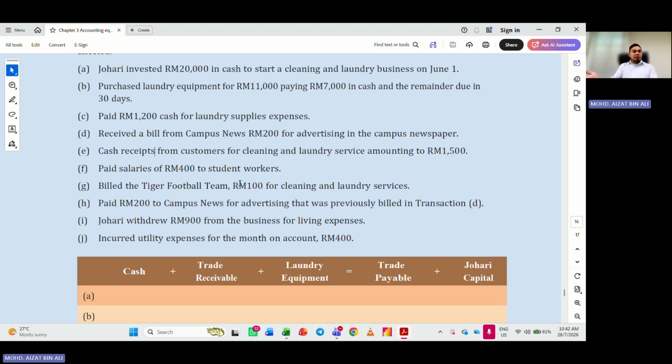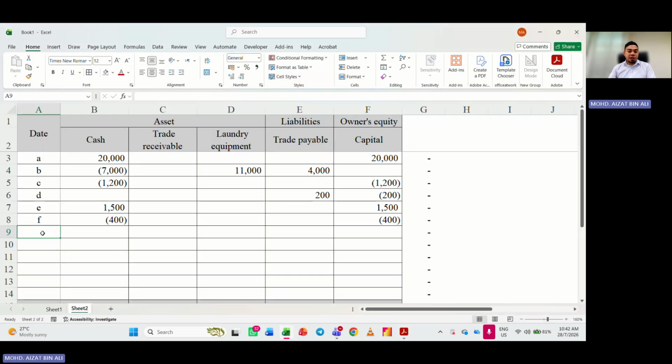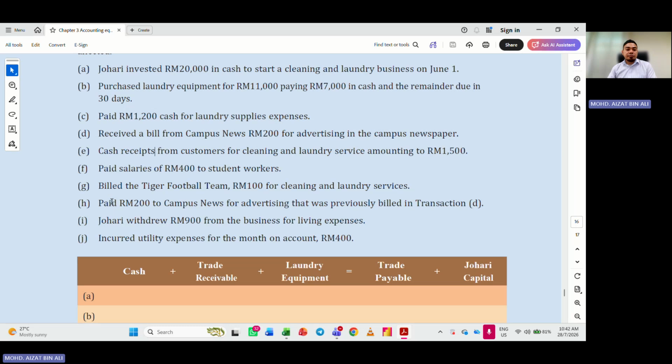And since they owe us money, they are our trade receivable. Okay, so in this case, trade receivable will increase by 100 ringgit. Okay, so let's record this accordingly. Okay, G, trade receivable 100 ringgit increase, and then owner's equity, because it is a service revenue, increase 100 ringgit.